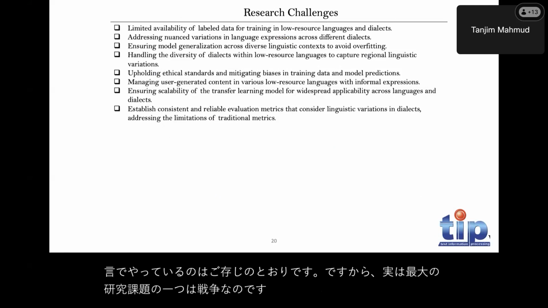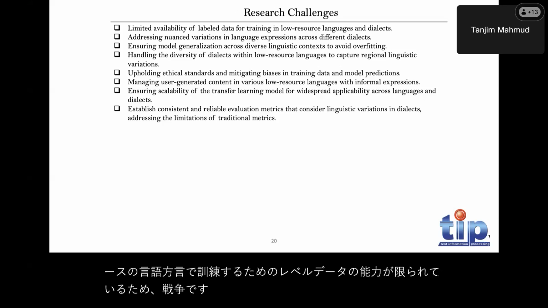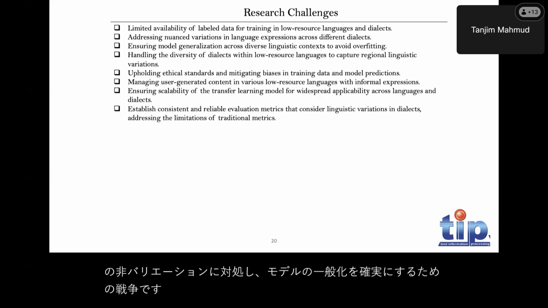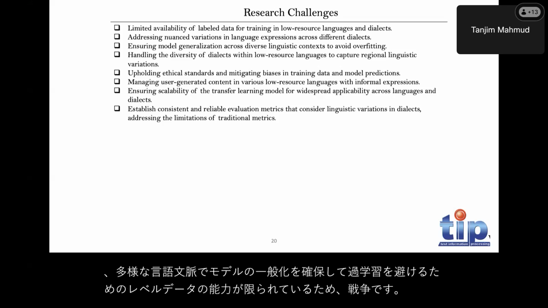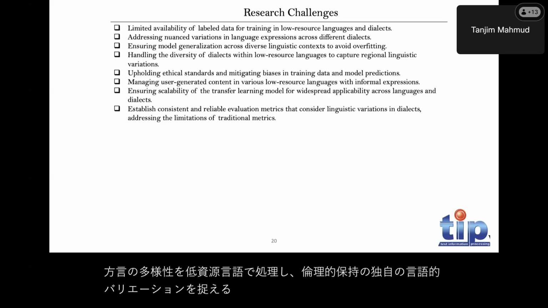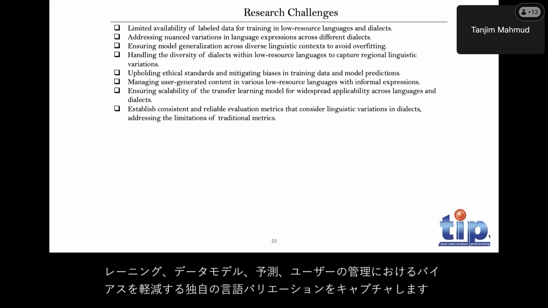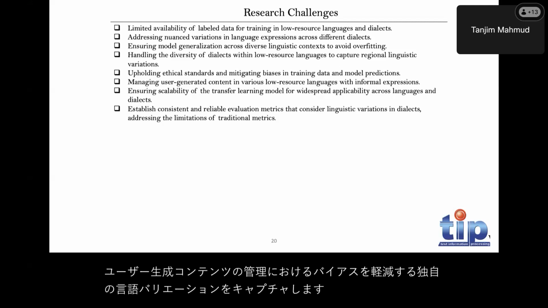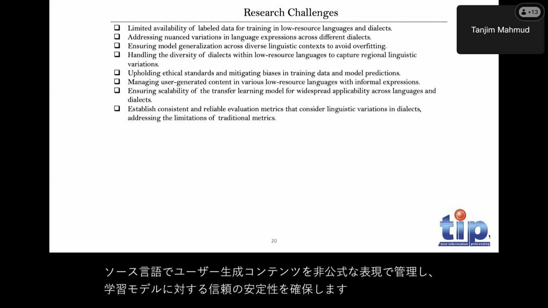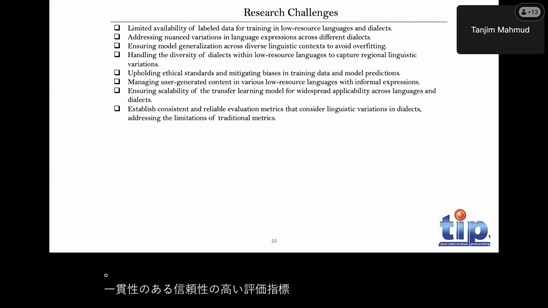Because of the limited availability of labeled data for training in low resource language dialects, and addressing nuanced variation in language expression across different dialects, and ensuring model generalization across diverse linguistic contexts to avoid overfitting, handling the diversity of dialects within low resource languages to capture regional linguistic variation, upholding ethical standards and mitigating biases in training data and model predictions, managing user generated content in various low resource languages with informal expression, ensuring scalability of the transfer learning model for widespread applicability across languages and dialects, establishing consistent and reliable evaluation metrics that consider linguistic variation in dialects, and addressing the limitations of traditional metrics.